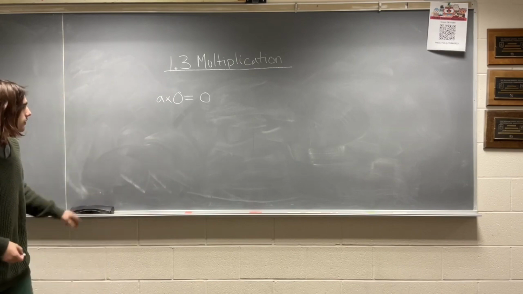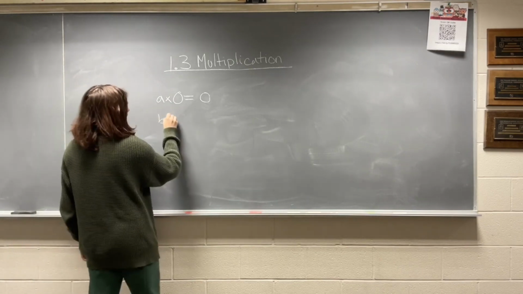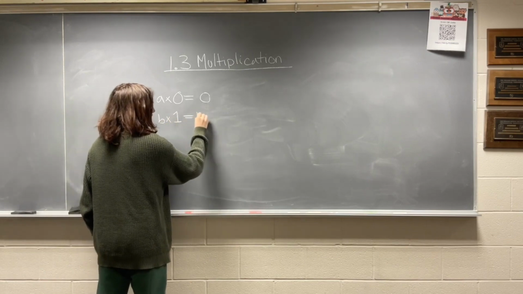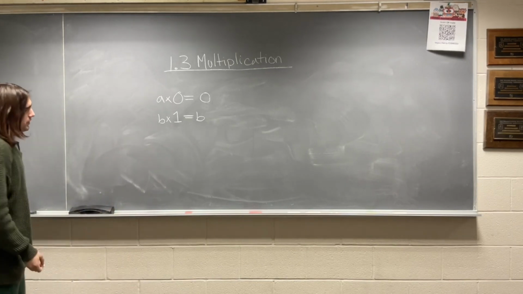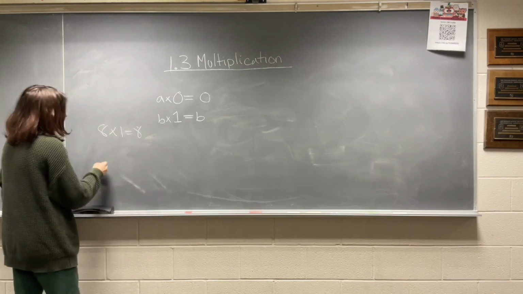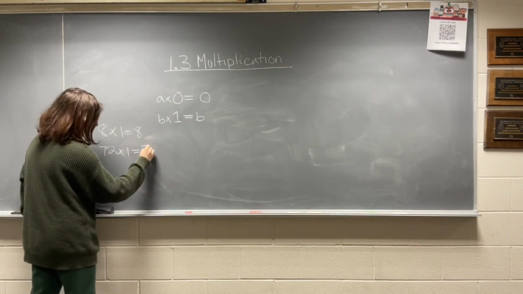Another concept that we can use is any number, let's say B times 1, will always equal B. So that just means it's going to repeat itself 1 time. So 8 times 1 is going to be 8. 72 times 1 is going to be 72.